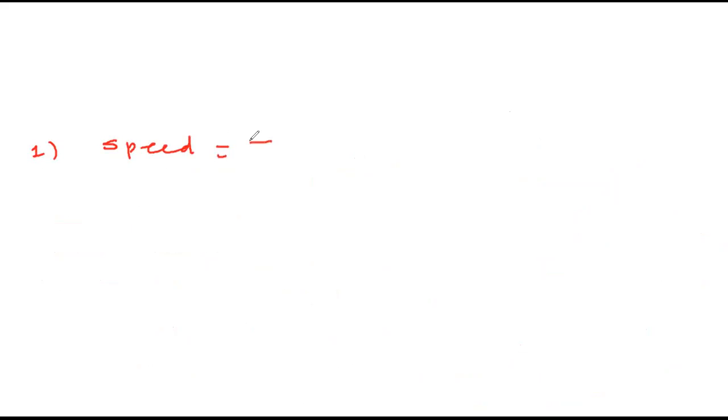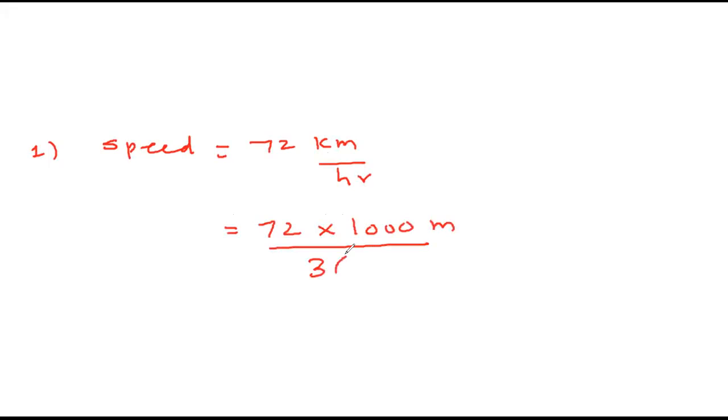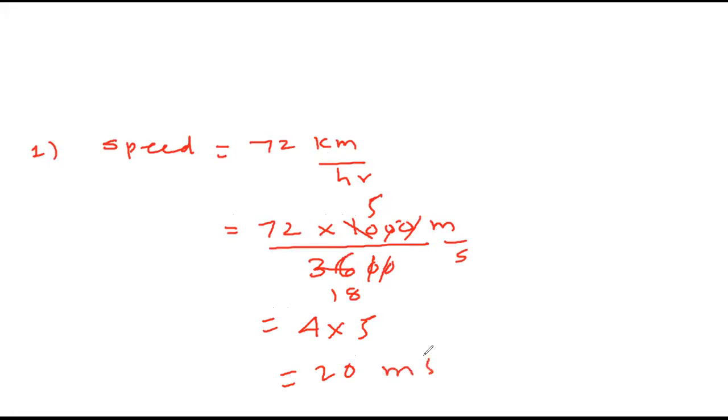We have to convert in meter. 1 kilometer is 1000 meter. 1 hour is 3600 seconds. So 2 zeros get cancelled. 2 into 5, 2 into 18. Sir, 18 ones are 18 and 18 fours are 72. So this will become 20 meter per second.